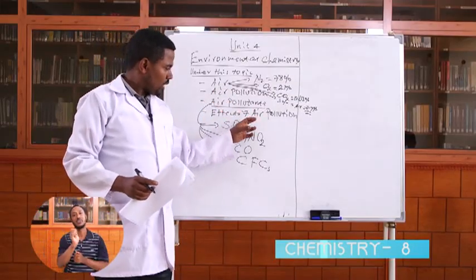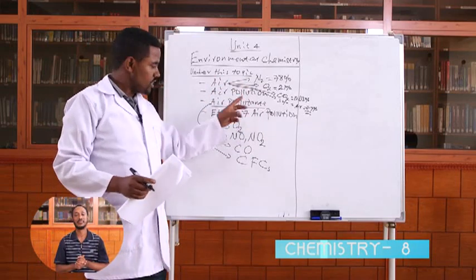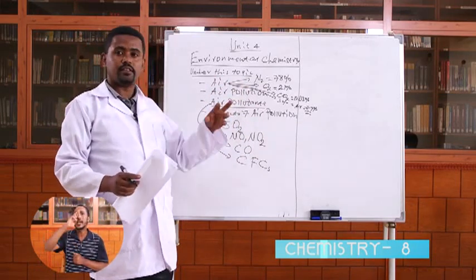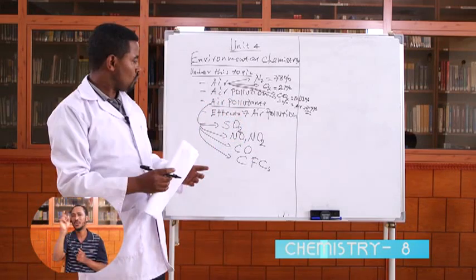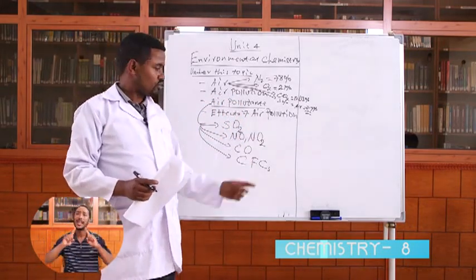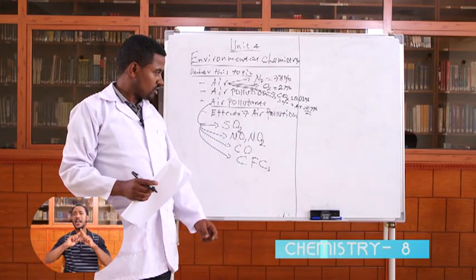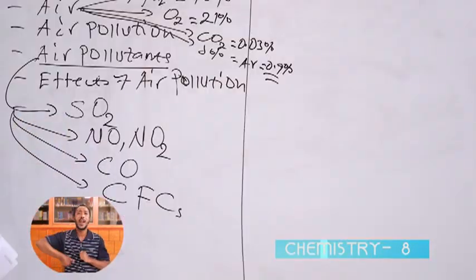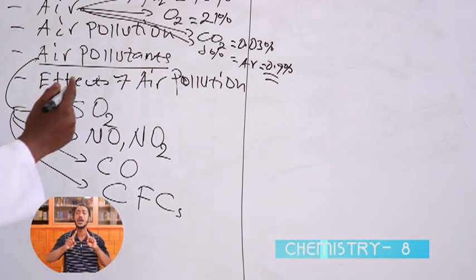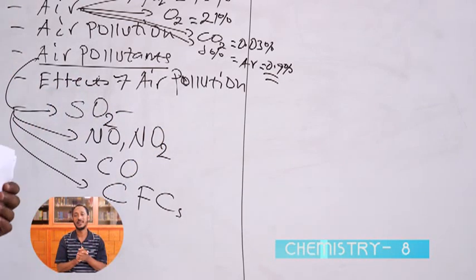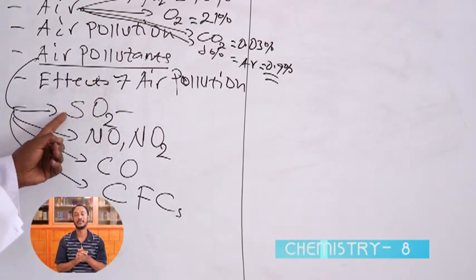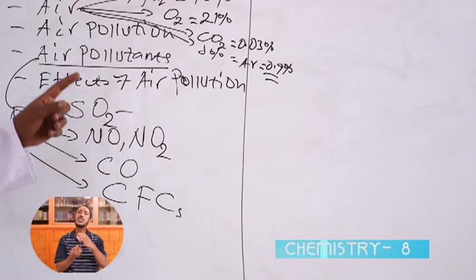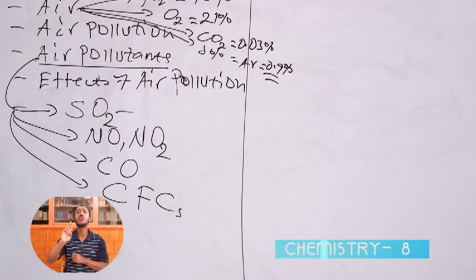Okay, what is the source of these air pollutants? These air pollutants may originate from different sources. From what source does sulfur dioxide originate?